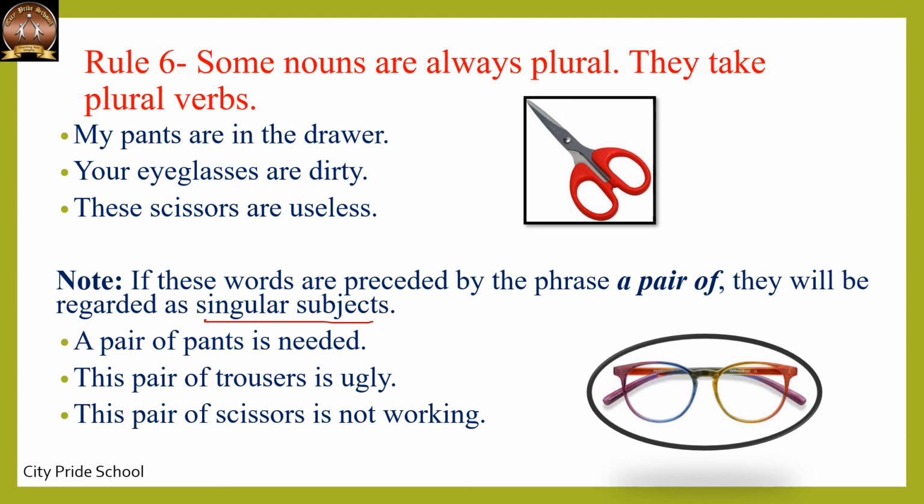A pair of pants is needed. This pair of trousers is ugly. This pair of scissors is not working. So some nouns which are always plural take a plural verb, but if the plural nouns are preceded by the phrase a pair of, then we use a singular verb.